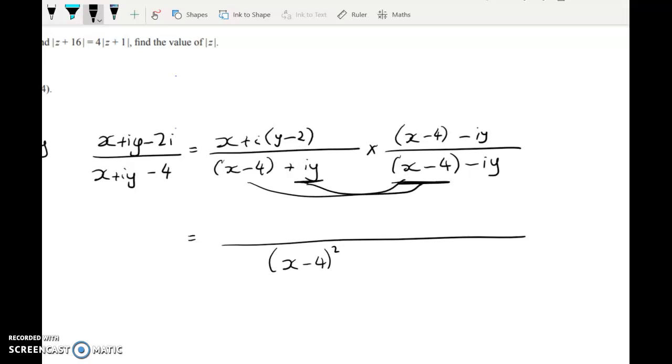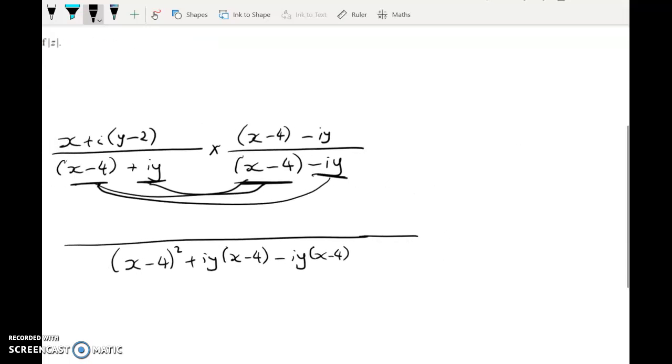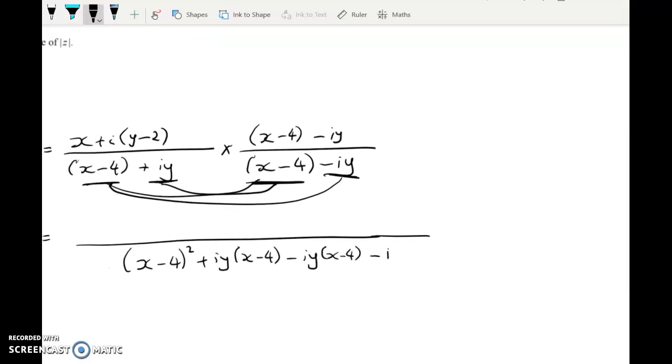This and this are going to simplify away, but I'm going to show that step. So I've got plus iy times x minus 4 minus iy times x minus 4. And then I've got minus i squared y squared.